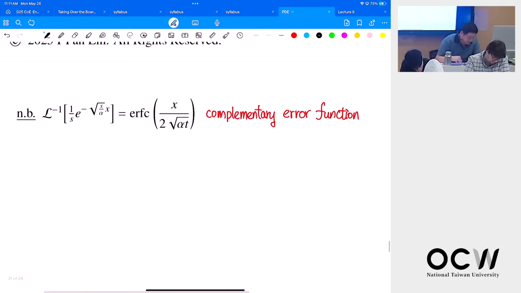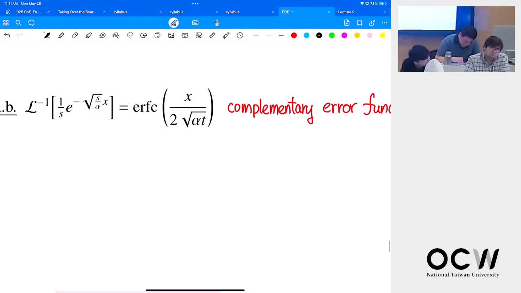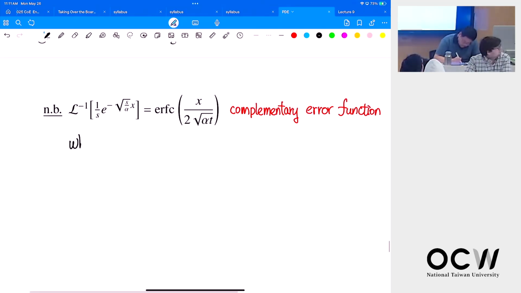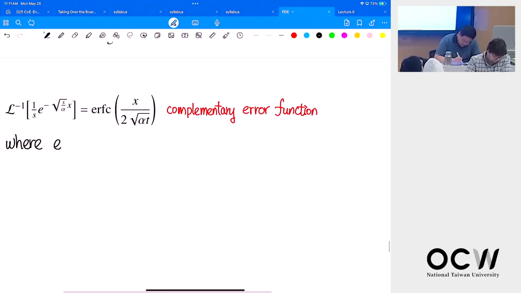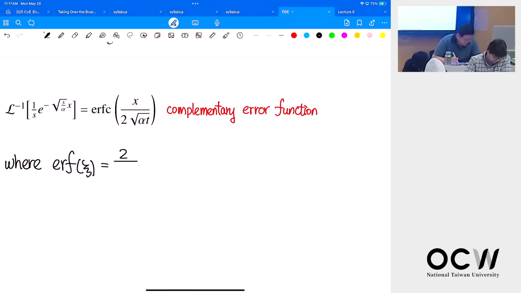And actually, what is the error function? Error function means 2 over square root of pi, integration from c to infinity of e to the minus c squared dc.